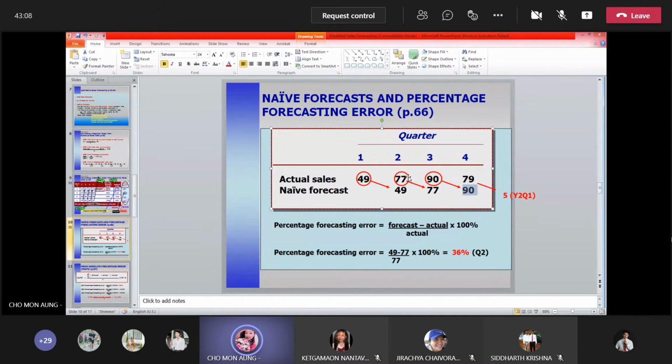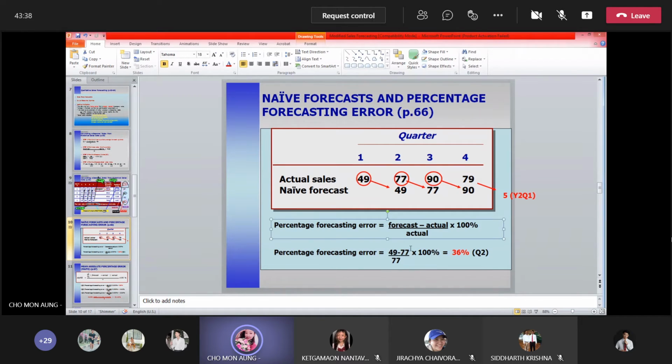you see that? So if you look at this example, by using the actual sales to forecast the sales, there are errors that we make. So when we want to know the error, for example, quarter two, actual 77, but we estimated 49. We want to get the error, so we use this equation that is given in the textbook. We have the forecast, and we deduct actual sales, divided by actual.